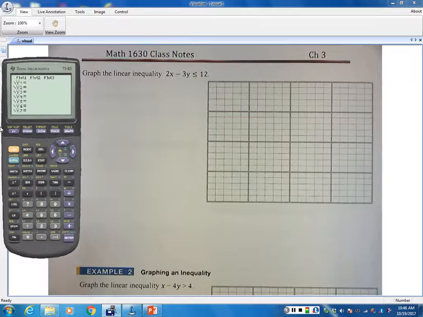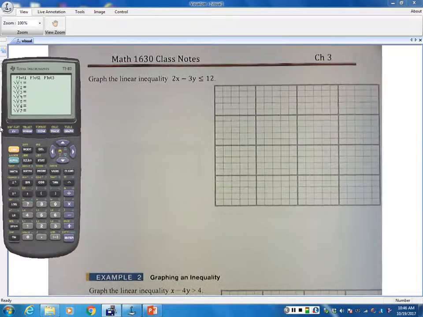So we're going to graph the linear inequality, and we can graph it on the calculator as I showed you. But I'm also going to remind you that you can find some quick points and be able to graph it that way. So we're going to start off finding the quick points.